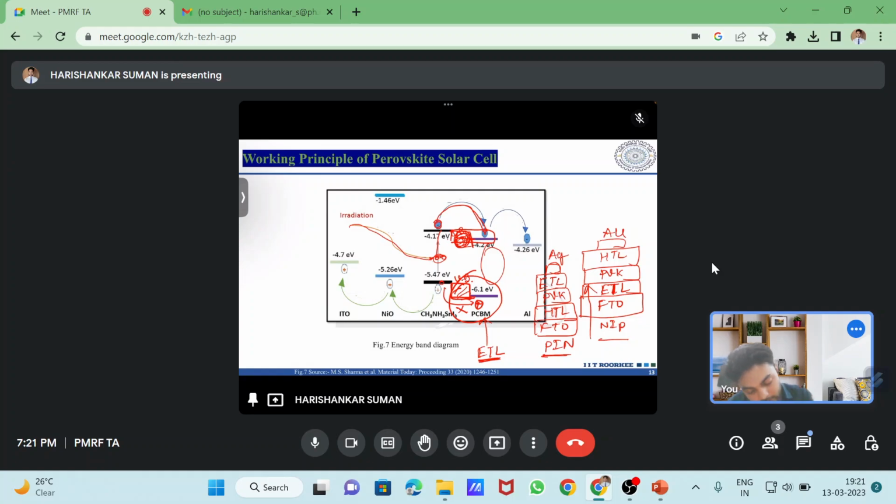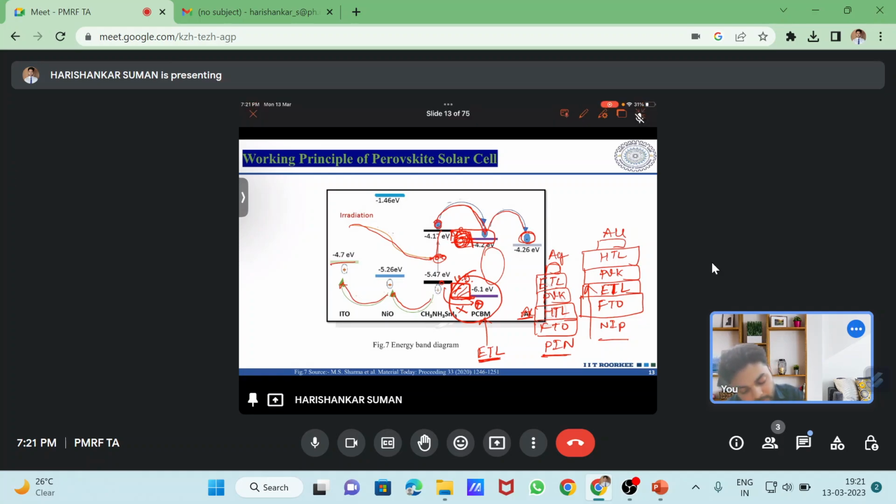Then the electron easily goes to the electrode, and similarly the hole goes to its electrode. Then through the external circuit we can easily get the electricity.